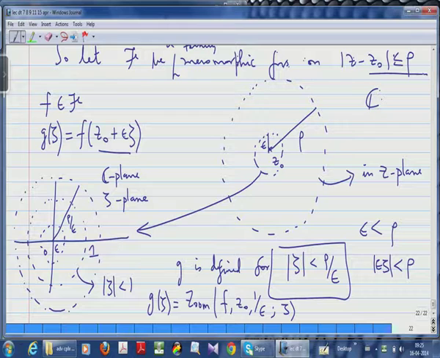Now I am given that this family script f is normal. Suppose I am given it is normal in this closed disk centered at z0 radius rho, which means it's actually normal in an open set which contains that closed disk. Suppose that happens, and let's see what it means for us.